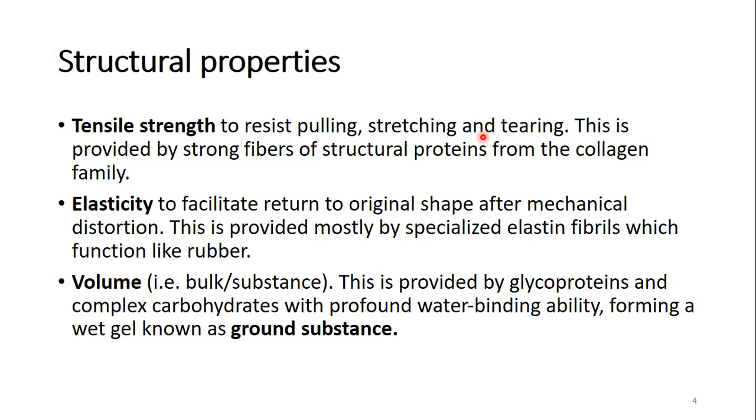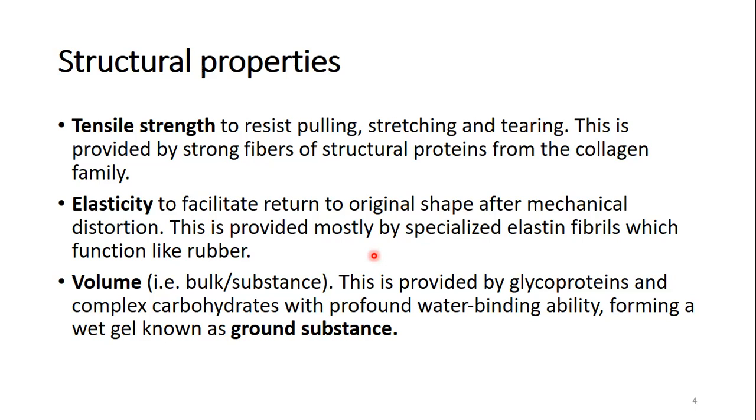Another property special to connective tissue is elasticity. Connective tissue facilitates the ability of organs and tissues to recoil, to go back to their original position after being pulled or compressed in a certain direction. For example, the skin can be pulled and it will go back to its original position.